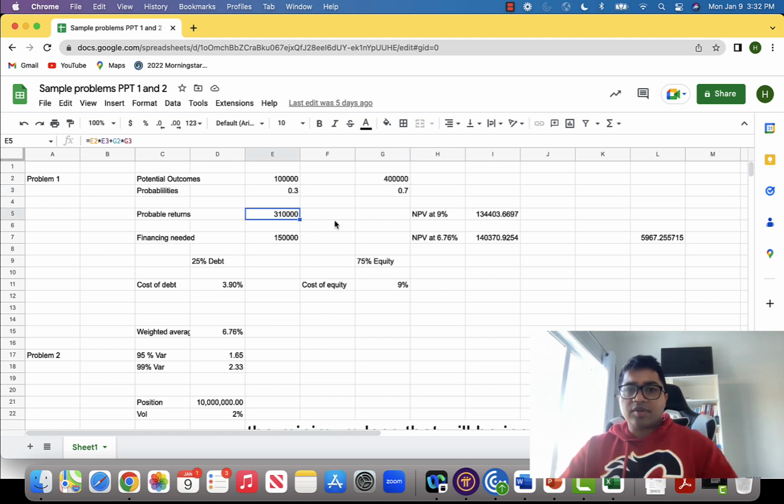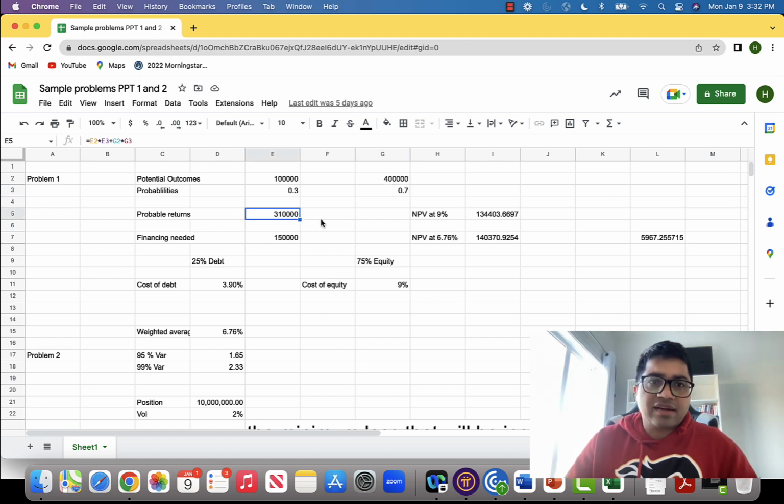So probable returns, how do we calculate that? Potential outcome 1 into probability plus potential outcome 2 into probability. That will give you the average expected return from this opportunity. That is 310. How did I get it? 100,000 into 30% plus 400,000 into 70%.